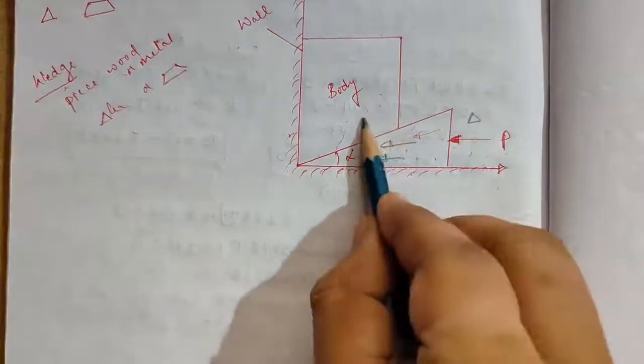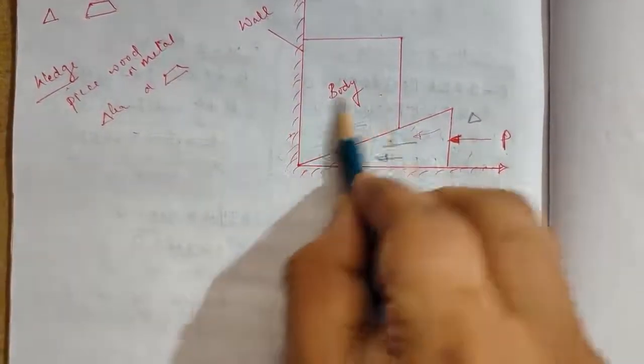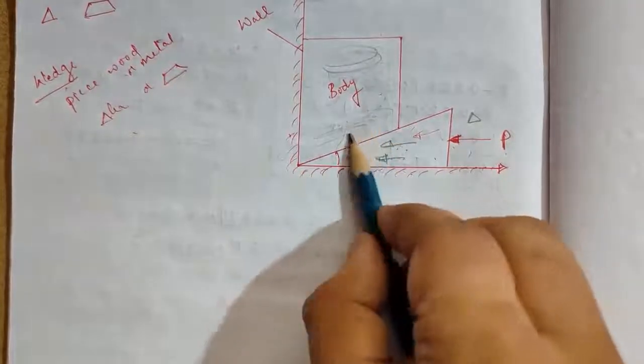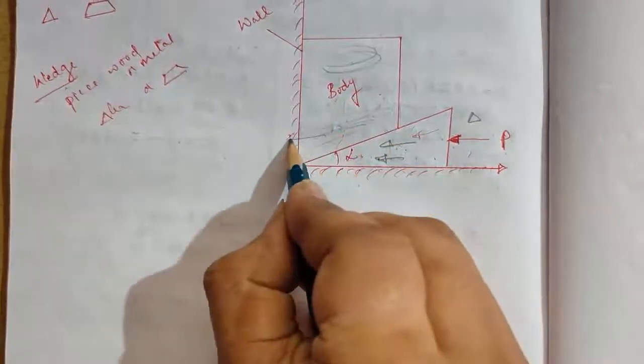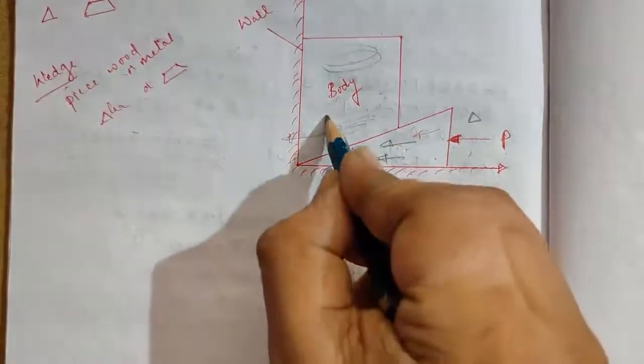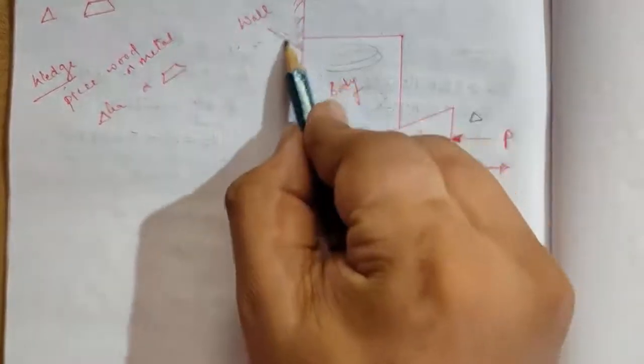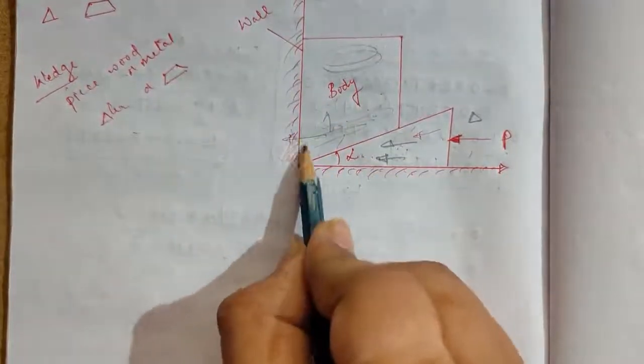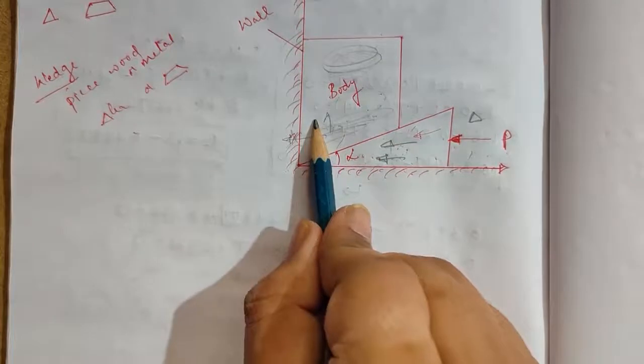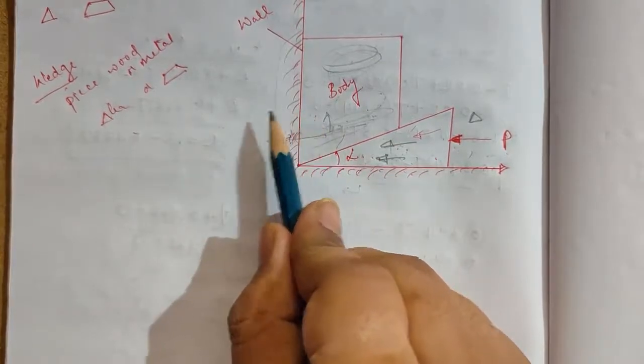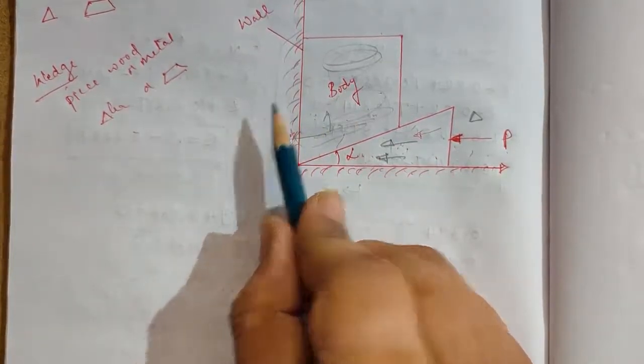This body is moving inside, so what will happen to this body? It should either go this way, or go in the upper way, because here the wall is there, and this is not possible. This body going through this wall is not possible.